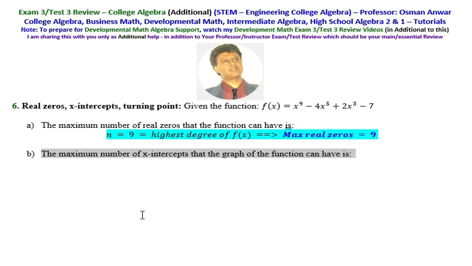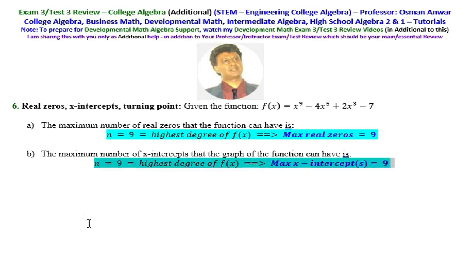B, the maximum number of x-intercepts that the graph of the function can have is, again, n equals 9, the highest degree of f of x, so the maximum x-intercepts is 9.